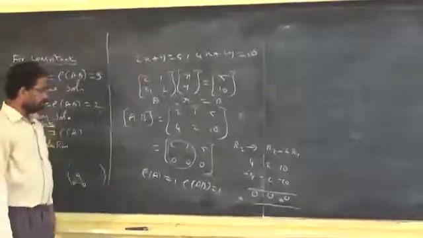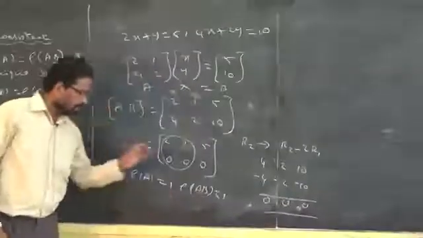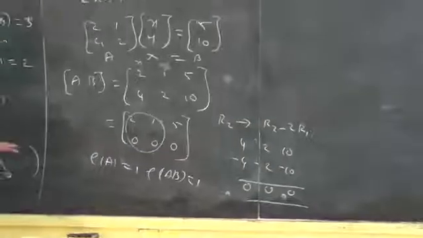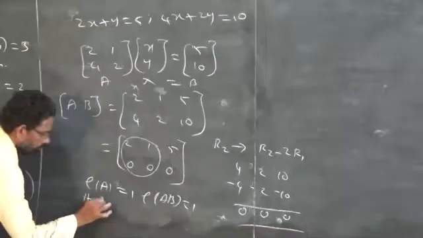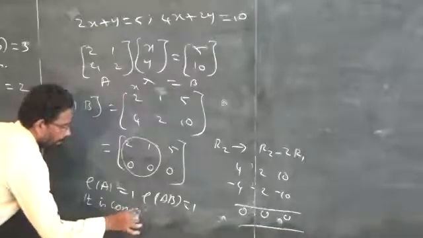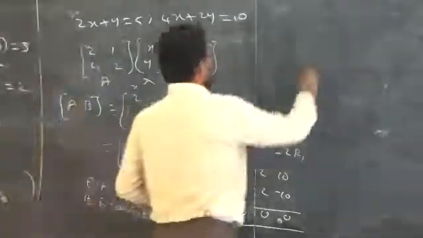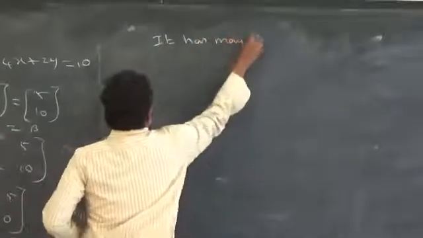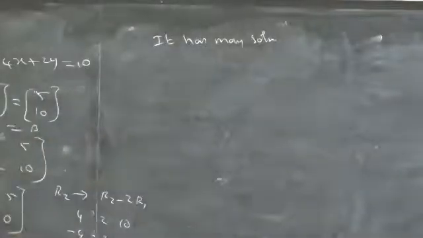So what is our consistency? I told you already, when both ranks are the same, it is consistent. The question is whether it has a unique or many solutions. Here rank A and rank AB are both 1, so it is consistent, but it has many solutions. If rank A and rank AB are both 2, then it is consistent with a unique solution.